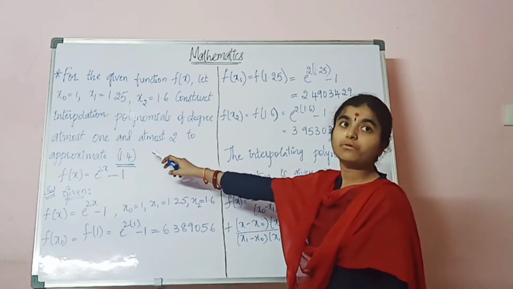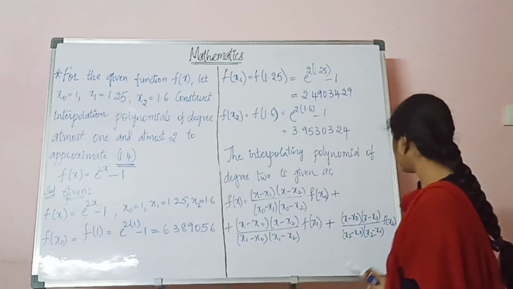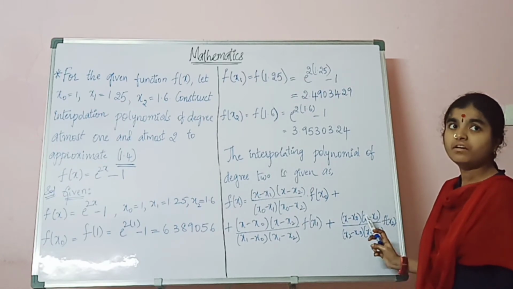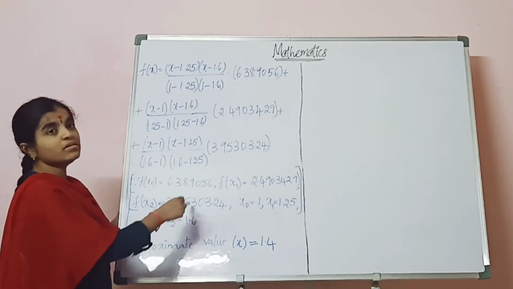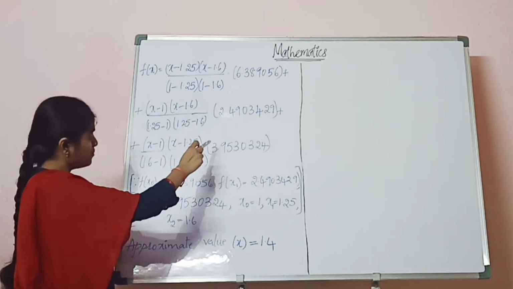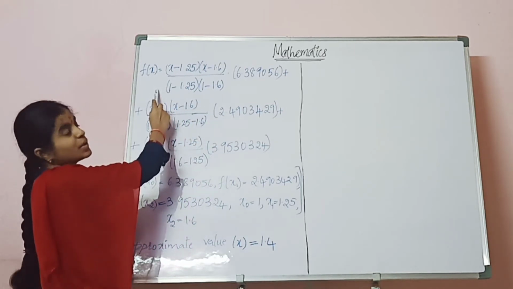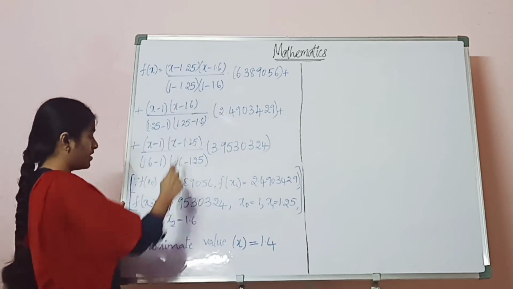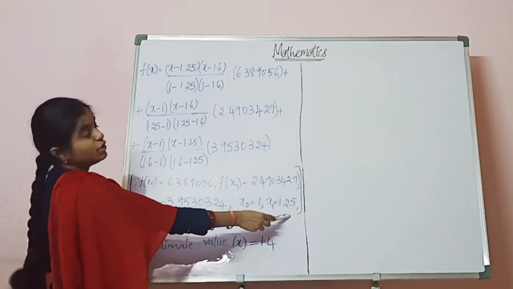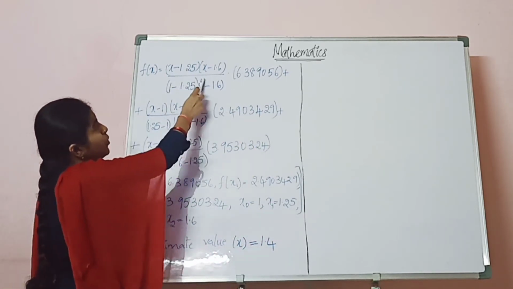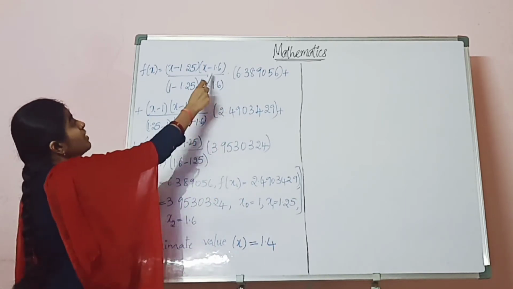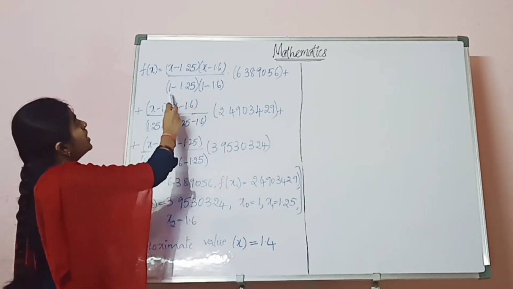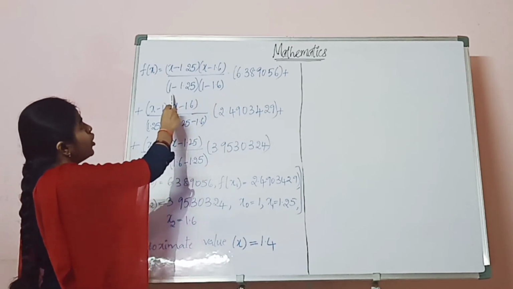So we are taking f of x naught, f of x1 and f of x2. We have to take at most 2 degrees, so up to f of x2 we are taking the formula. We have to substitute the given values in the formula. So f of x equals x minus x1. What is x1 here? 1.25. So x minus 1.25 into x minus x2. What is x2 here? 1.6, by x naught minus x1.